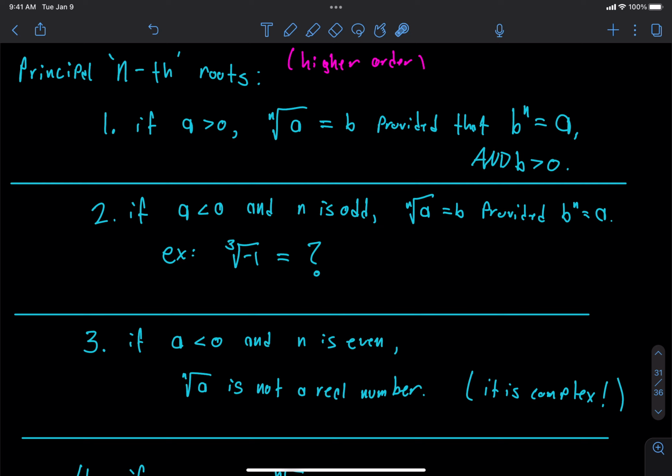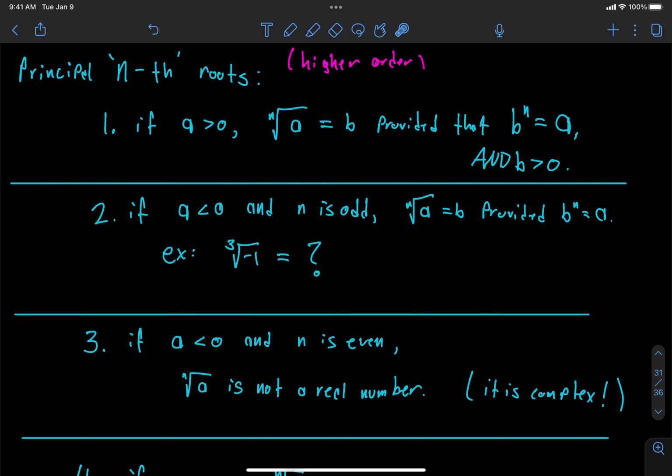So we can never do the square root of a negative number. Well, not never, but not in this class. We can never in this class do the square root or the fourth root or the sixth root of a negative number. However, we can find the cube root or the fifth root or the seventh root of a negative number. This is because if you multiply a negative number times itself an odd number of times, you can, of course, achieve a negative number of any value.